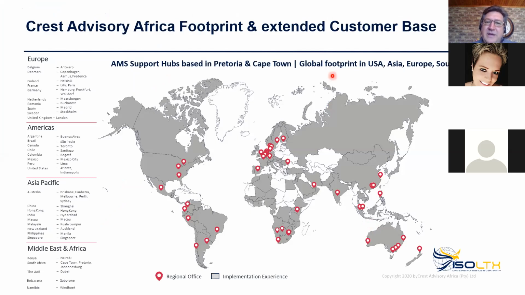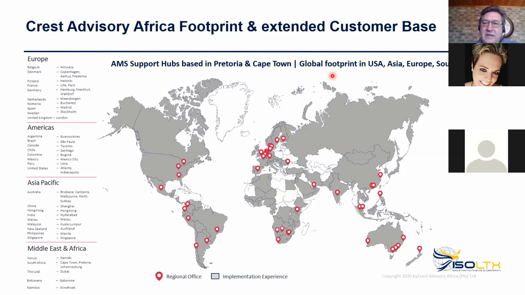So we have been in discussions with an international company that has offices all over the world, and we signed our agreement on the 17th of June. So from yesterday, the 1st of July, we are part and parcel of this huge network globally.